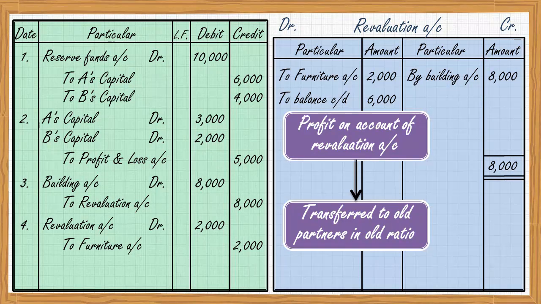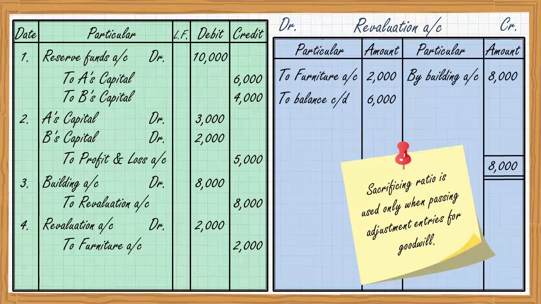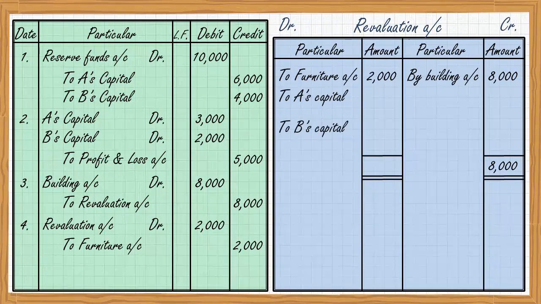Whenever in any transaction, any journal entry or ledger, old partners are involved, we always use the old ratio. We use the sacrificing ratio only in one instance, that is the adjustment entry for goodwill. So let's go back to revaluation account, to A's capital, to B's capital. In the inner column, you can write down 3,600 and 2,400, and in the outer column, rupees 6,000. So the totals on both sides are rupees 8,000.